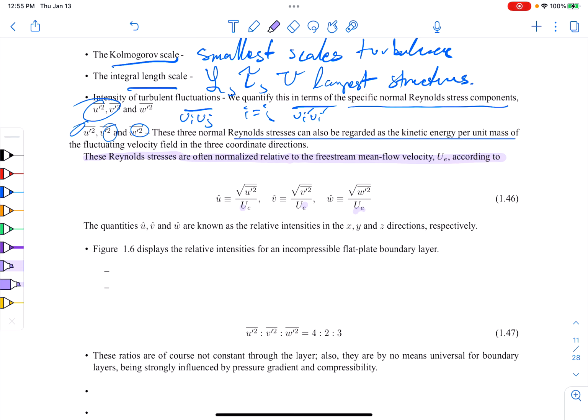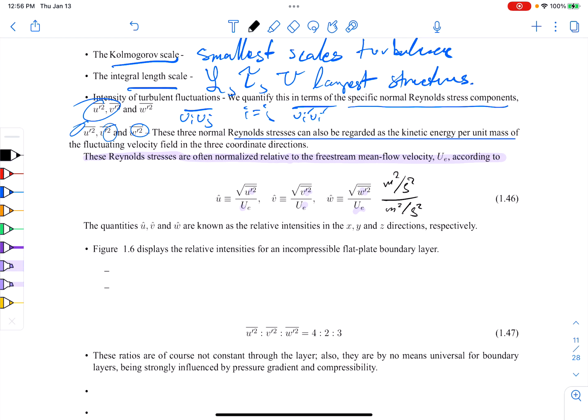So if we take each component of the Reynolds stress, or just take each fluctuating quantity u, v, and w, and we square it, and then we take the mean, and then take the square root, you get the same dimensions, right? You'll get meter squared per second squared upstairs. And downstairs, of course, we have meter squared per second squared, and that's a non-dimensional number.